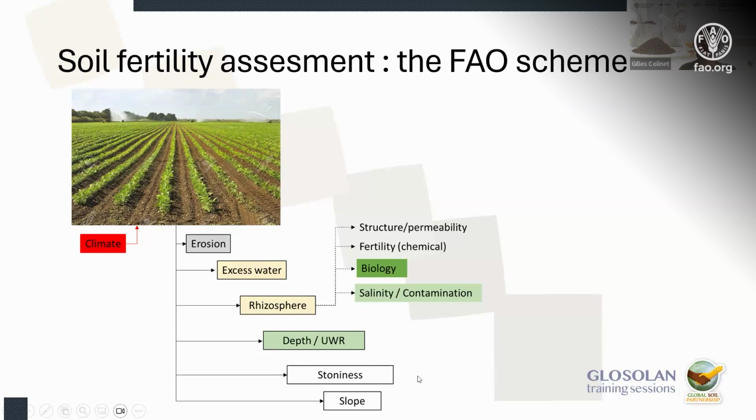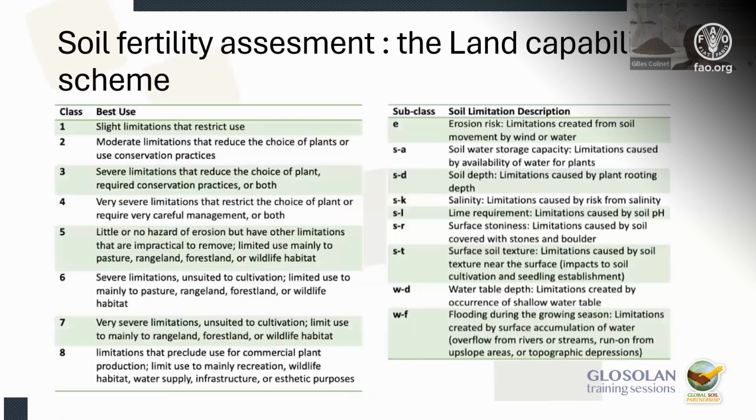So that was identifying risks and limitations for the crops. In the USDA, they developed something really similar, which is the land capability scheme. In this land capability, you have 8 classes according to the limitations for the crop.